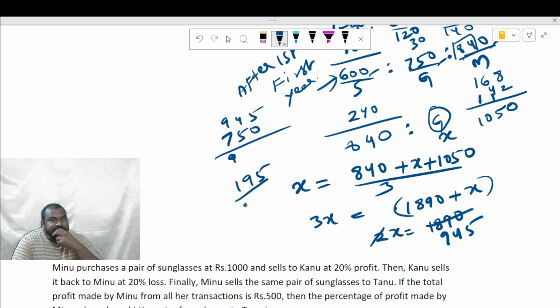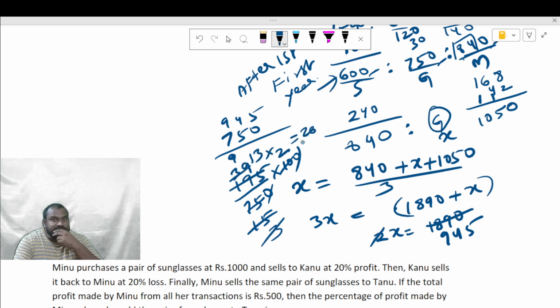So 195 divided by 750 into 100 is the answer, which is 26%.